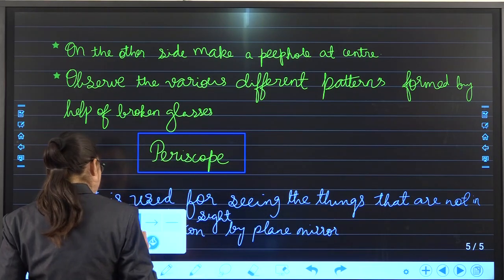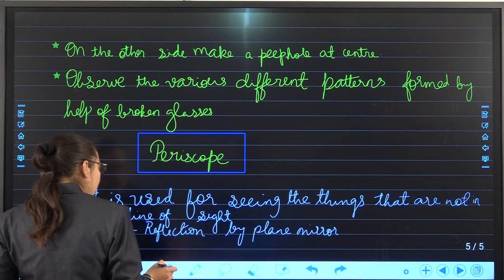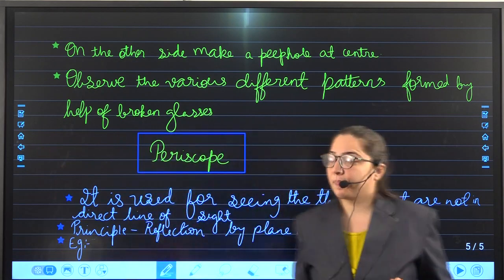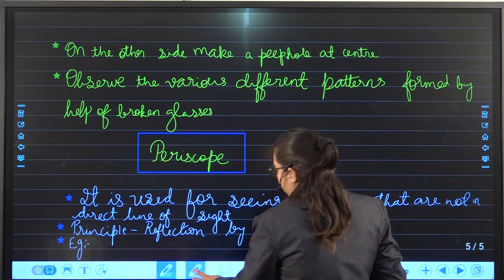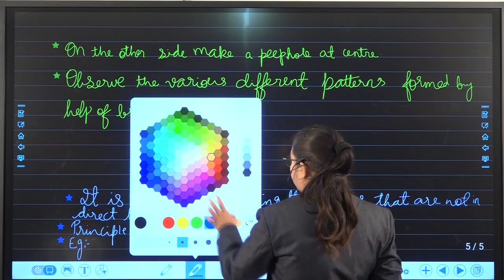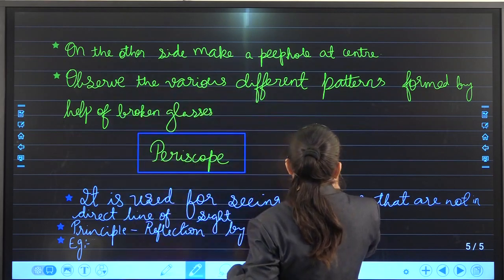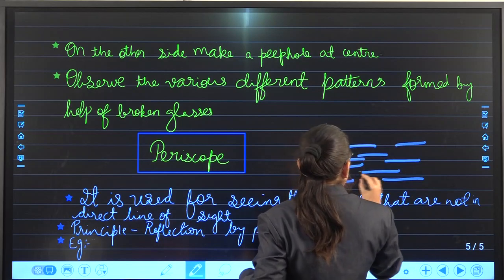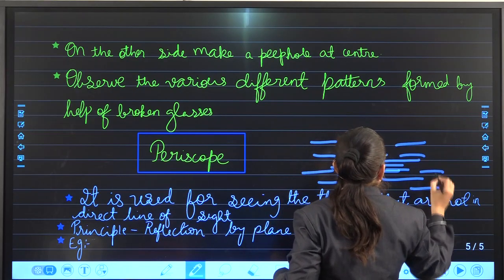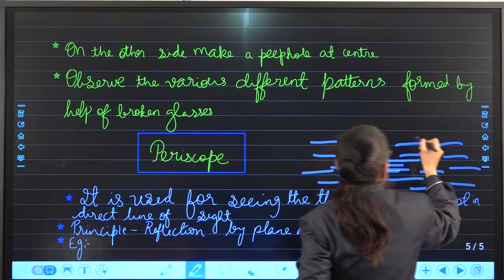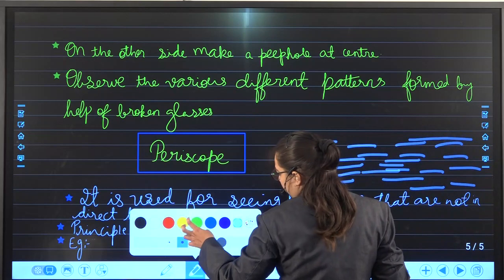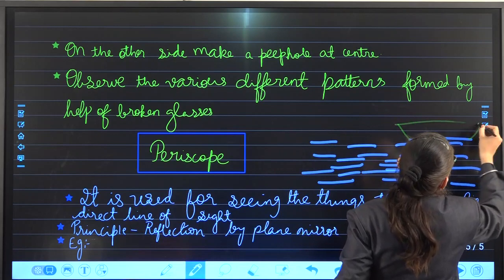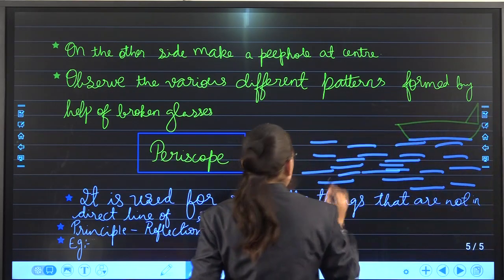Let us discuss one example with the help of which you will be clear on how it is useful. For example, this is the place where you are. You are in the ocean. Here is the ship that you want to observe. And here are you in a submarine.